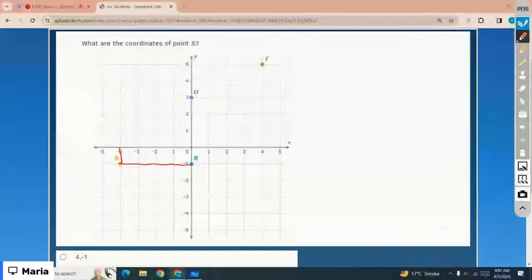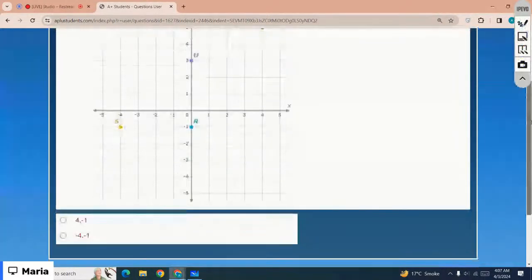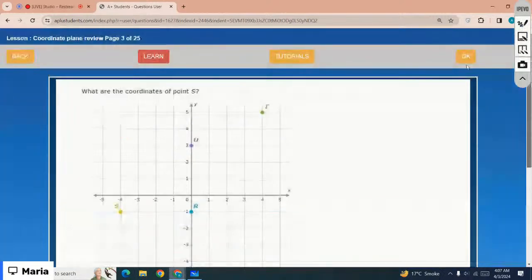Match it to the y-axis, -1, right? These are the coordinates of the point S. You can write S has the coordinates (-4, -1) like this. Got it? So the second one is the correct option, (-4, -1).